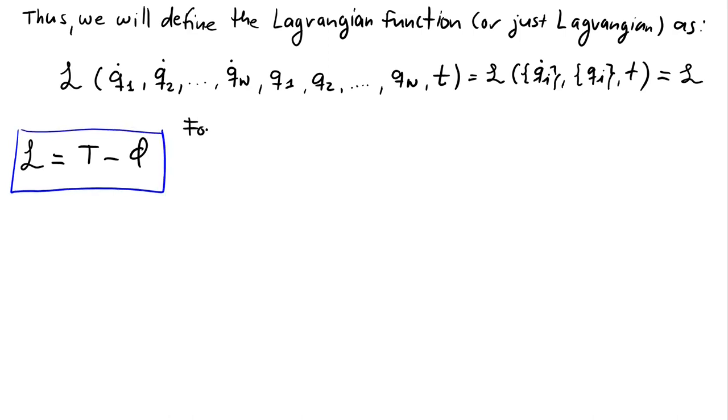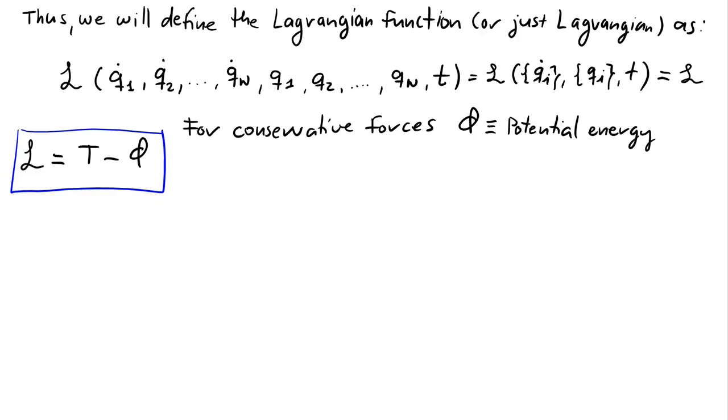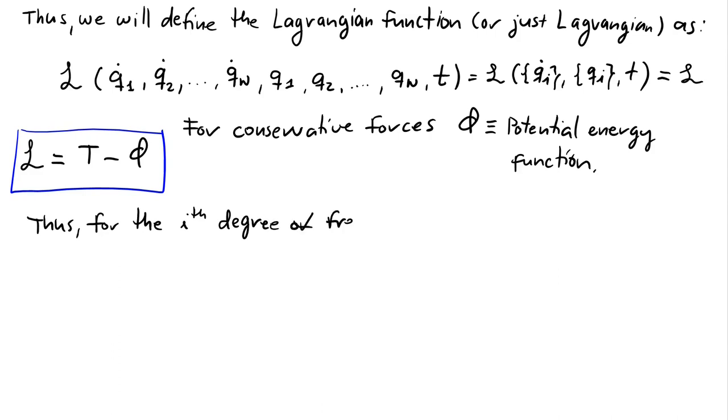For conservative forces, phi is the potential energy function. Thus, for every independent generalized coordinate, there is a differential equation that determines the functional form of the generalized coordinate, and, in general, these differential equations are coupled, meaning that they may be related to each other, as is usually the case.